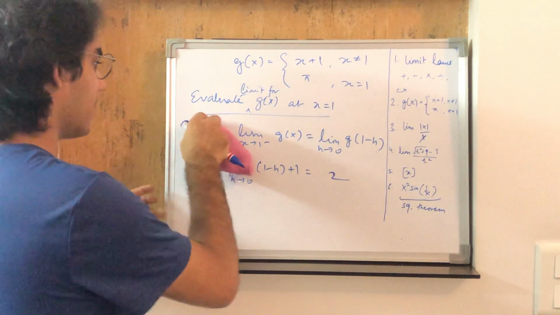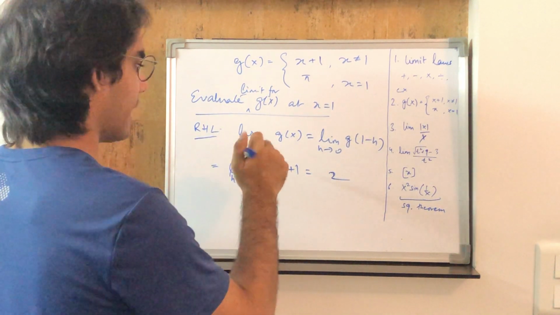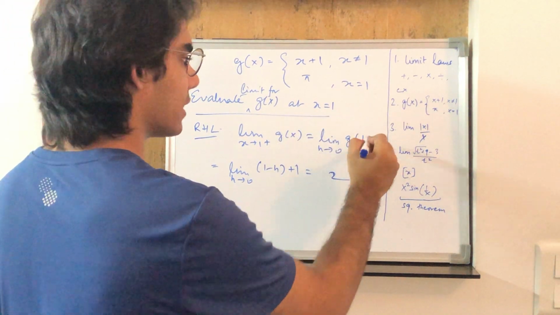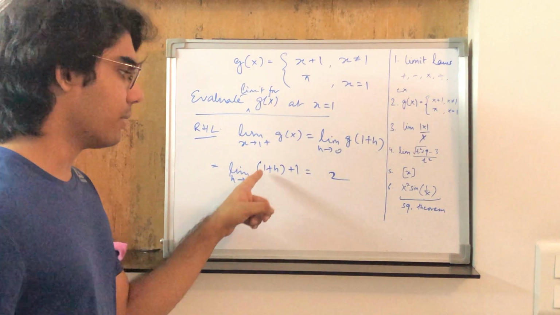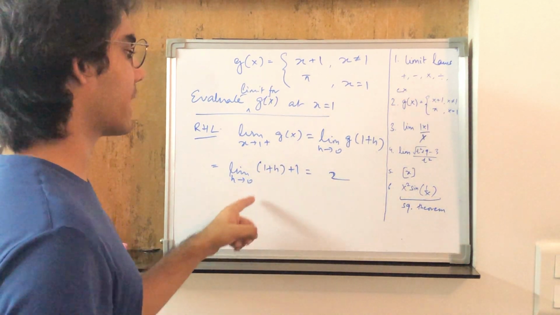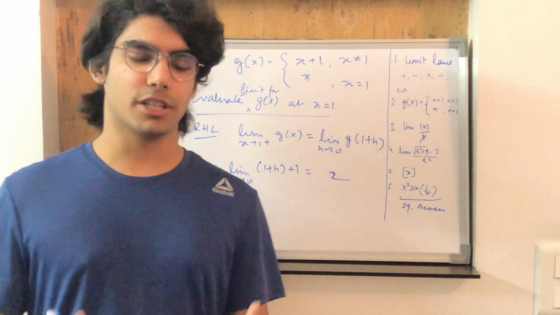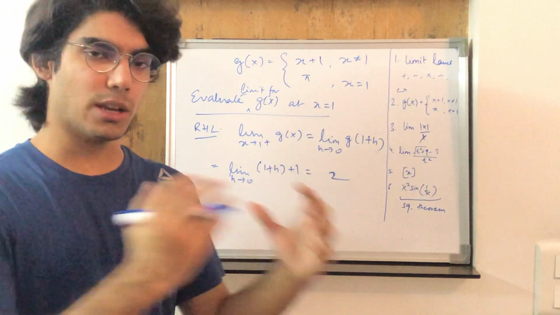For the right-hand limit, similarly, I have x tending to 1 plus, g of x. h tending to 0, I make this 1 plus h now. And now this is going to be the same, h tending to 0, 1 plus h plus 1, which is again 2, right? So, we covered this in the previous video, that limits are not supposed to be thought of as when x is equal to 1, right?